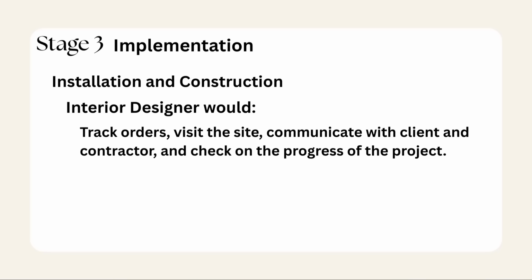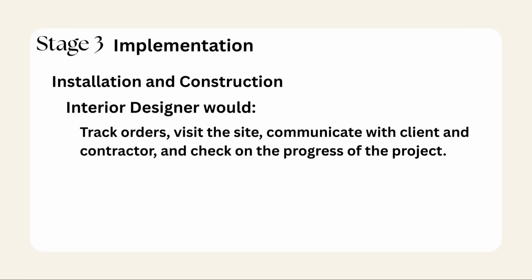And the next part of this stage is the construction or installation phase. And depending on the project, there will be a sequence of steps or a sequence of phases of when certain things are installed. And the designer's job is to go to the home and check on the progress of everything. They're also just keeping track of any orders that they've placed, and if they've been delivered, and when they can be delivered to the client's home.